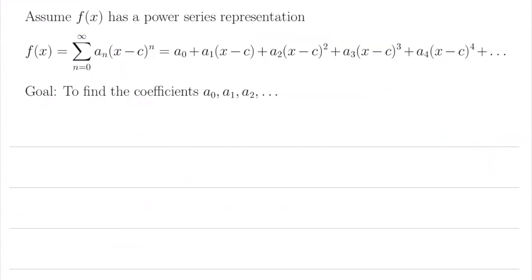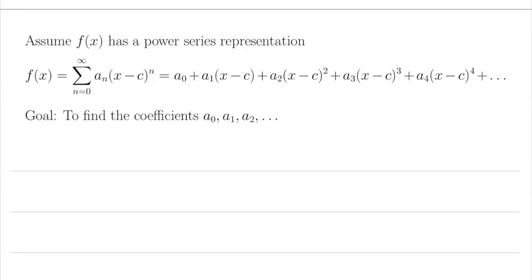What this is assuming is that our function, whatever it is, e to the x, sine of x, 1 over 1 minus x, can be written as a naught plus a1 times x minus c, plus a2 times x minus c squared, and so on. But the question is, what are these numbers? What are these coefficients? That's the goal of the problem, to find those coefficients.